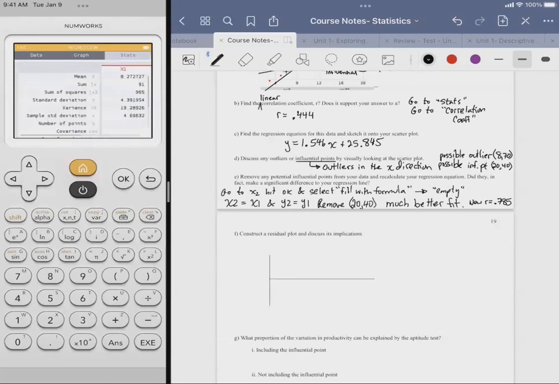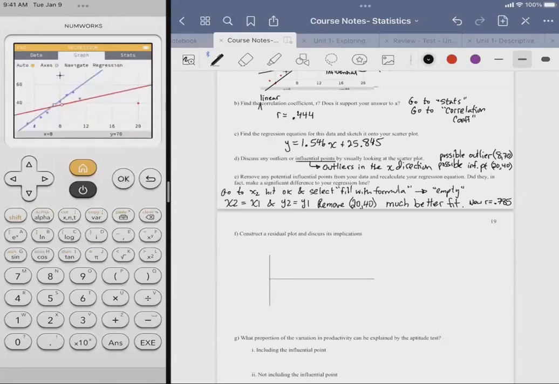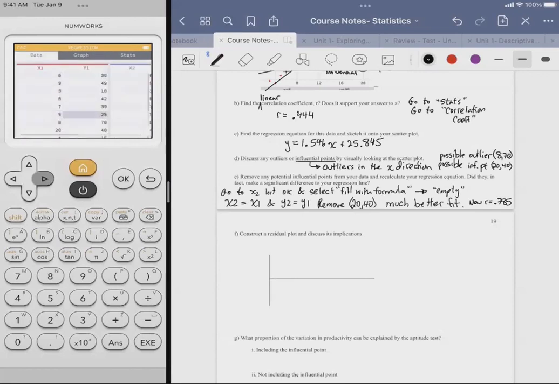So let me do the same thing, but this time I'm going to remove the 870 instead of the 2040. So what I'll do is here in this field, I'll just replace the 870 with the 2040. That's basically what you would get if you pulled out the 870 instead of the 2040.